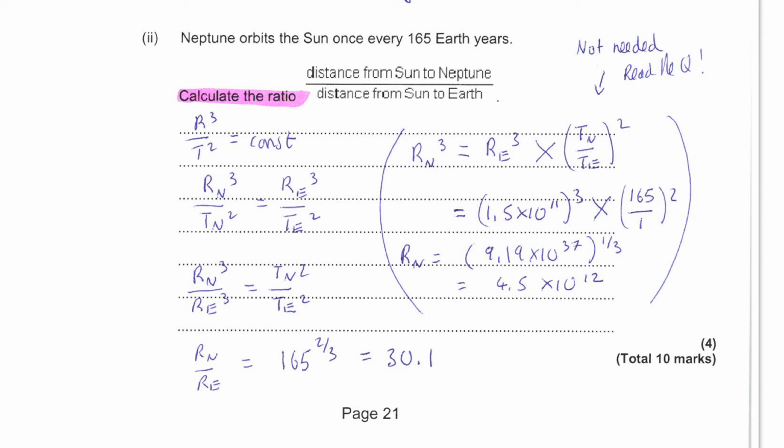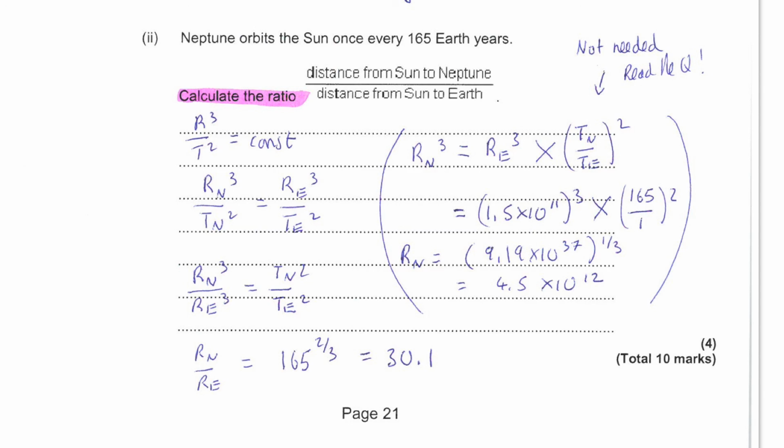That's because I know I want to work with the radii, so I just think it's easier to start with Neptune on the top here, and then I know I'm going to be dividing both sides by the radius of the Earth cubed. So careful rearranging leads me to having Neptune on the top and Earth on the bottom.